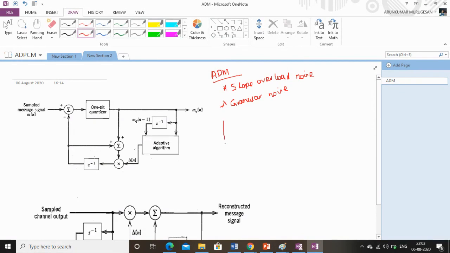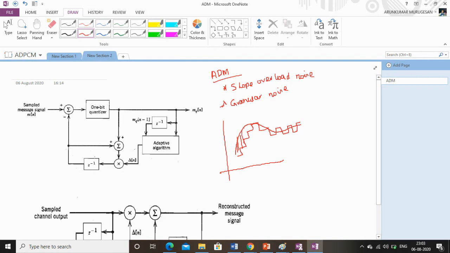Here, for slope overload noise, consider this is the message signal. If the step size is too small, at that time slope overload noise occurs.